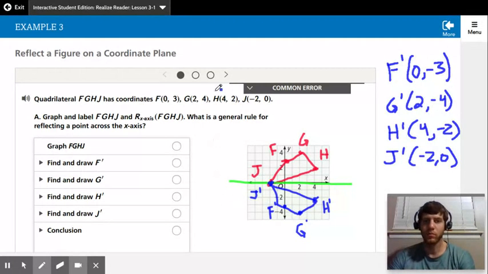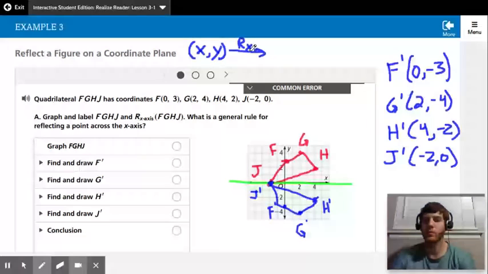So if we wanted to write a rule for reflection over the x-axis, it would be simply that (x, y), right? When you do a transformation where you reflect it over the x-axis, R stands for reflection. The subscript there is x. So we're reflecting over the x-axis. The x value stays the same, right? 0 stayed 0, 2 stayed 2, 4 stayed 4, negative 2 stayed negative 2.